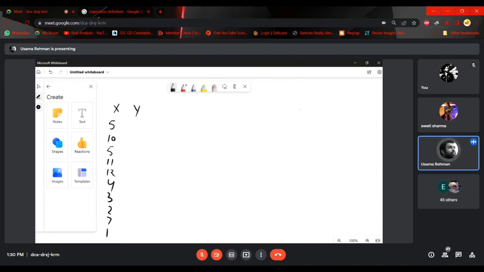Then we have 1, 6, 2, 8, 5, 1, 4, 6, 5, 2. ठीक है? We can also say that these are the marks of two different subjects. So we want to see whether there is a correlation between them or not, whether there is a relationship between these two or not. ठीक है?